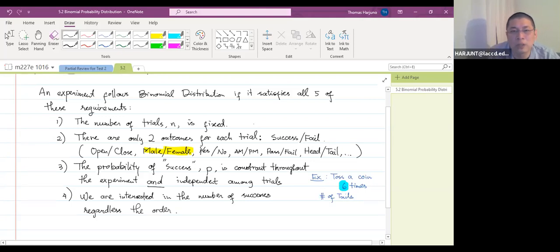So we are interested in how many tails show up if you toss this coin 6 times.